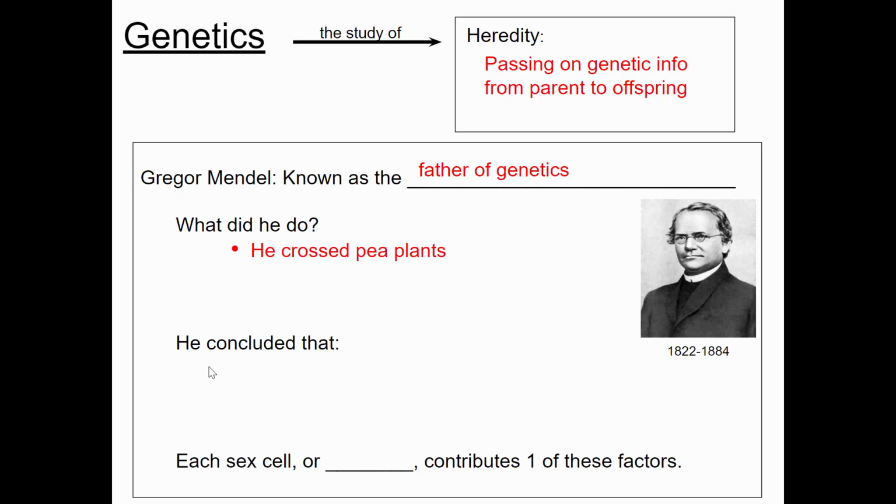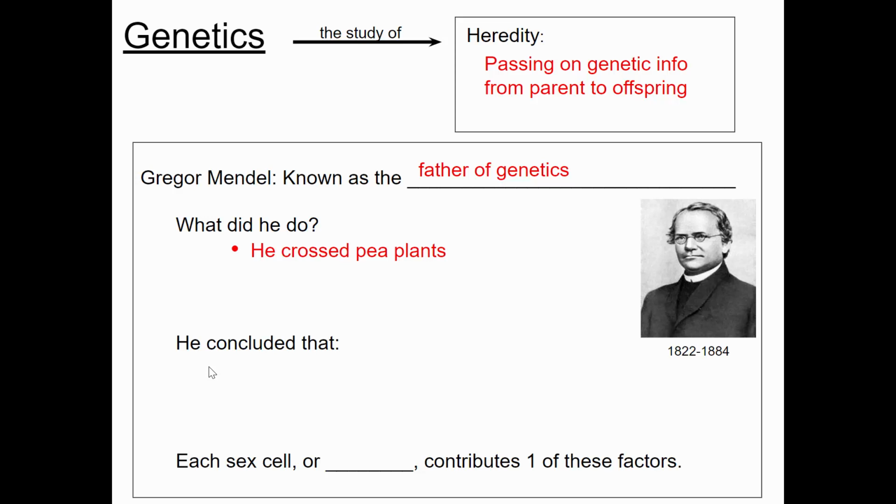And that's what he did thousands and thousands of times. He said, okay, I'm going to take this tall pea plant, take some pollen, put it on the stigma of a short pea plant. And then I'm going to grow the seeds that result. And I'm going to see, are the offspring tall, are they short, are they in between? And he did this keeping very, very careful notes.